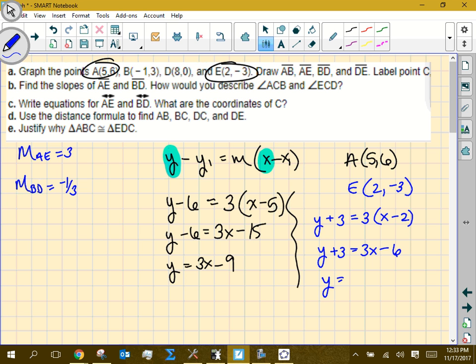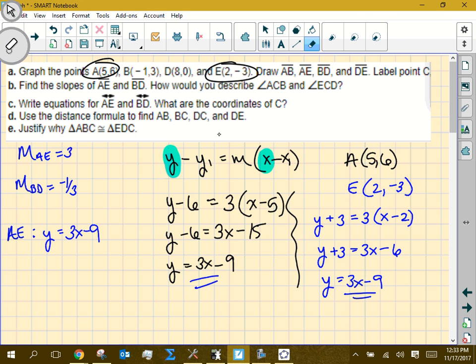Subtract 3 to solve for y. Do I get 3x minus 9? Same equation, right? So hopefully that's visual proof for you that it doesn't matter what point you choose off of your line to use as x1 and y1. But now I know AE's equation is y equals 3x minus 9.